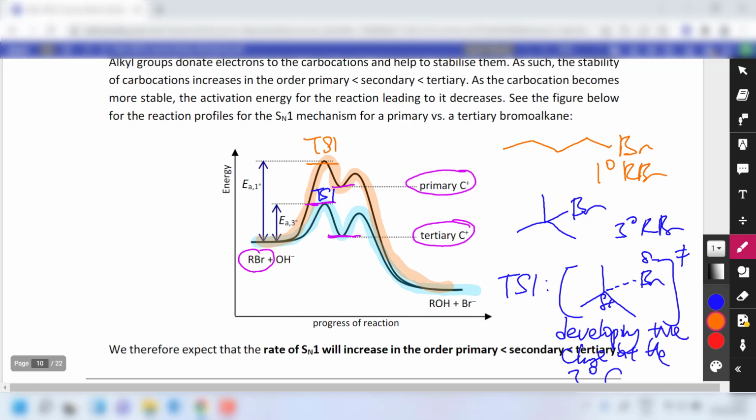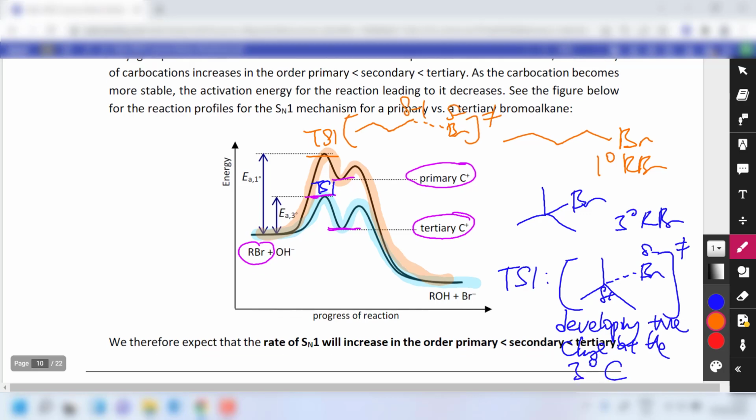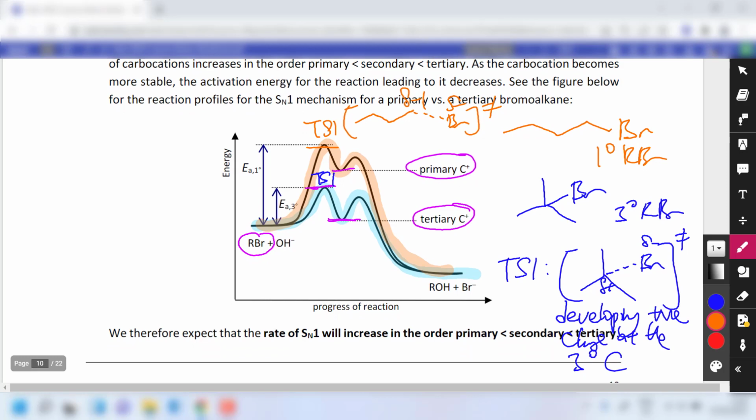So for the primary TS1, it looks like this, dot, dot, dot, dot, Br. Okay, transition state, delta plus, delta minus. So you realize that for the case of the one I've drawn in orange, there is a developing positive charge at the primary carbon.